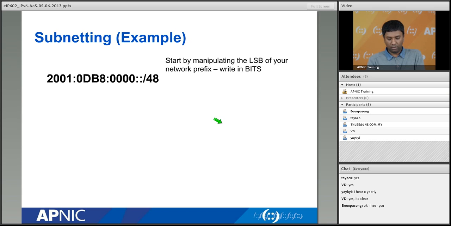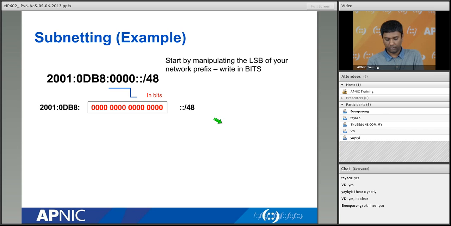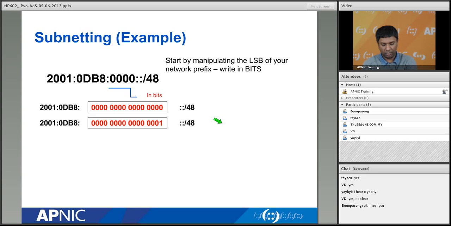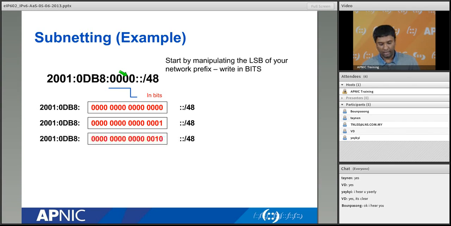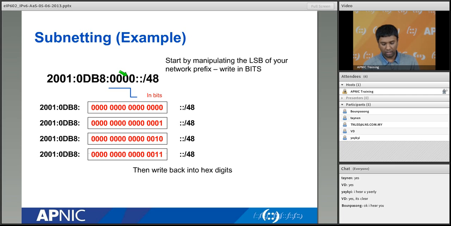Okay, now we'll have a look at a subnetting example. So if we need to build 4 new subnets from this /48, how can we build that? Okay, so if we have this 48 bits, it means 16 plus 16, 32, plus 16, 48, right? This 48 bits we have. From there, if we need to do further subnetting, say how many new subnets do we need?